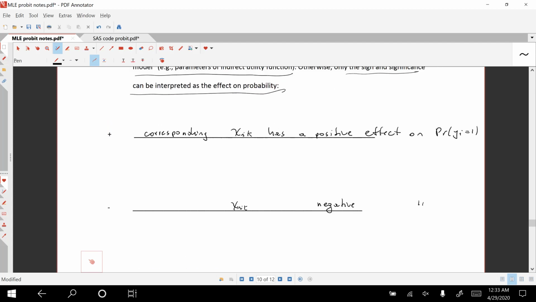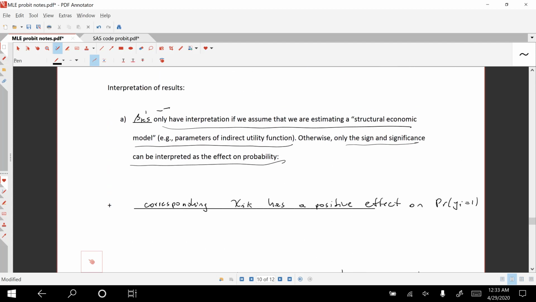But the betas by themselves don't have an interpretation. Once in a while, if you are estimating some sort of structural economic model, there are some discrete choice models where you can assume that those coefficients correspond to the parameters of an indirect utility function. But most of the time, only the sign and the significance can be interpreted as an effect on the probability, and the actual value doesn't have a direct interpretation.